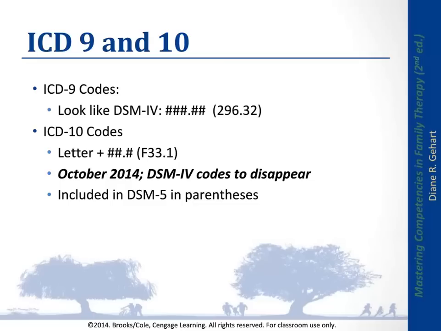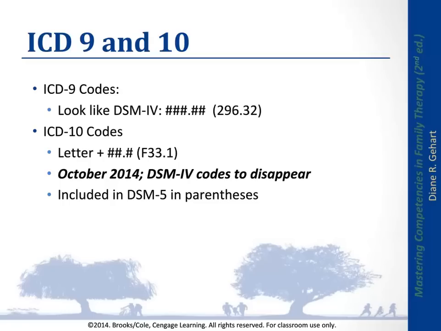Now, there is an ICD-11 coming out in 2015, and a lot of people were like, "Oh, can't we just switch over to that?" But apparently the powers that be have decided, no, we will not be switching over to ICD-11. We're going to do the 10 in October 2014, and these codes are all included in the DSM-5.